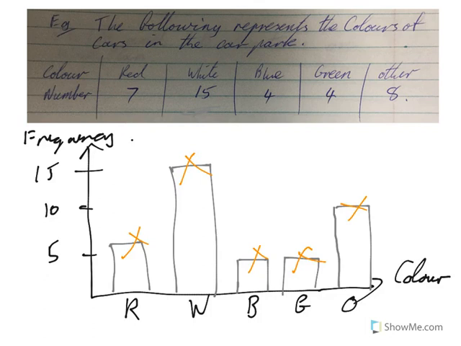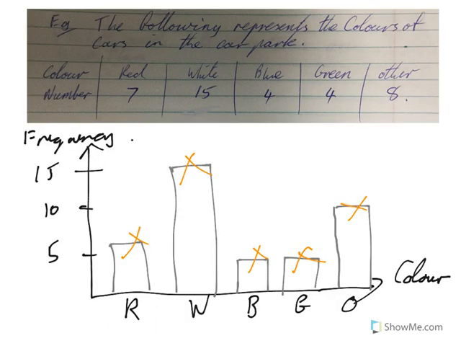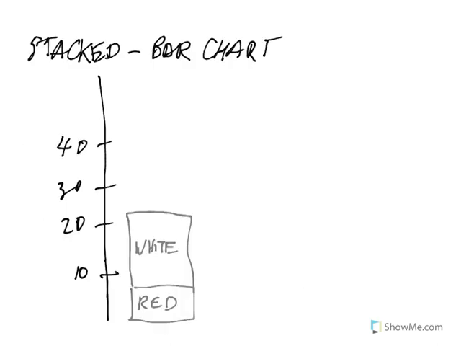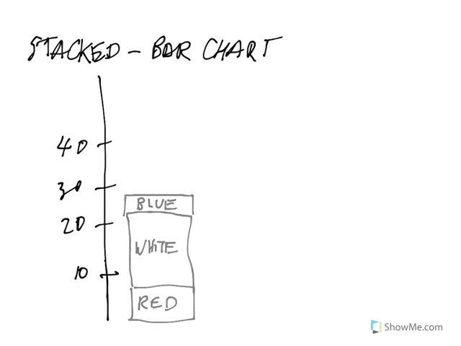And so that was white. Then we stack on top of the white the blue, which is another 4, so 22 plus 4 is 26. And then on top of that we stack the green, which is 4, so up to 30.